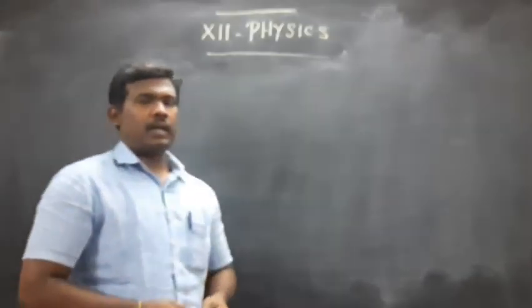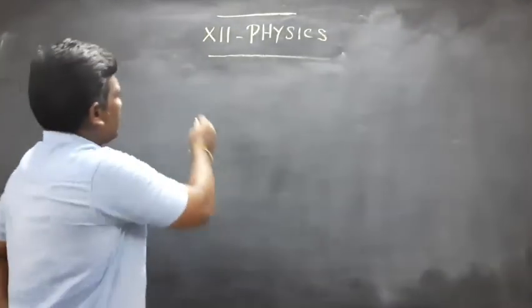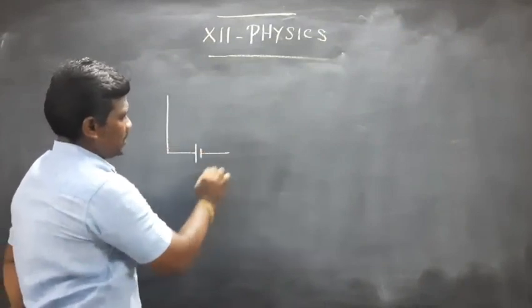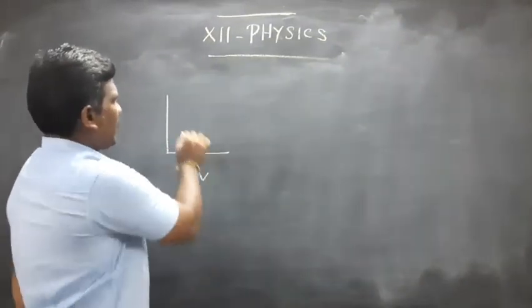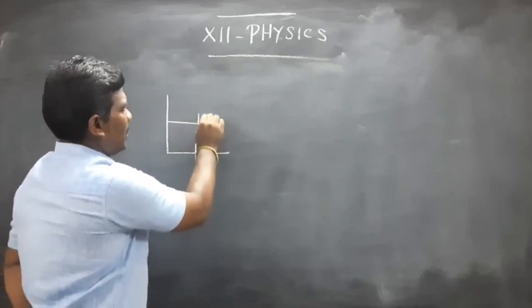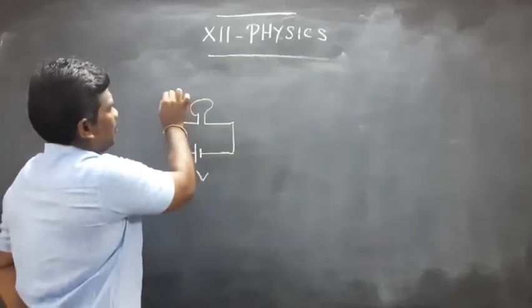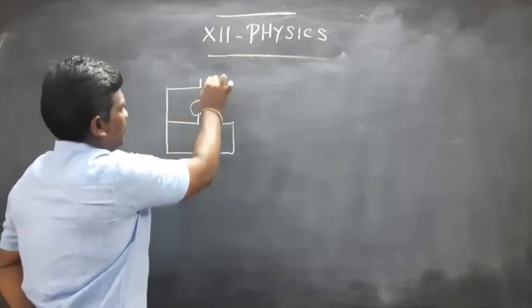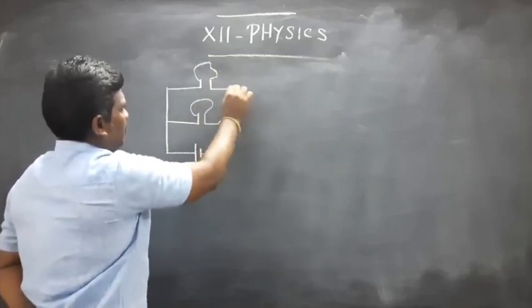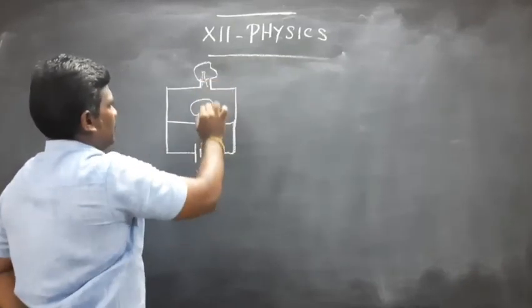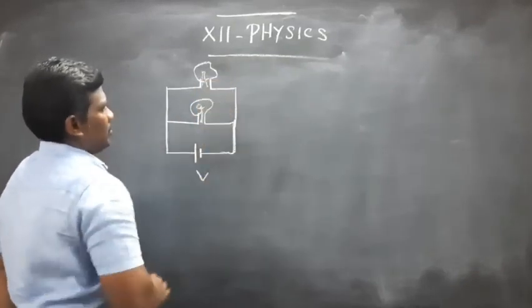For our problem, the diagram is like this: this is a supply V, and now we connect the bulbs.